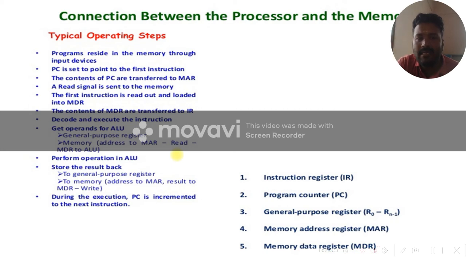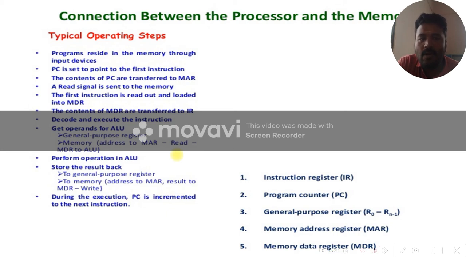So the content of the program counter is transferred to the memory address register. The read signal is sent to the memory, the instruction is read out, and the data is stored into the memory data register.